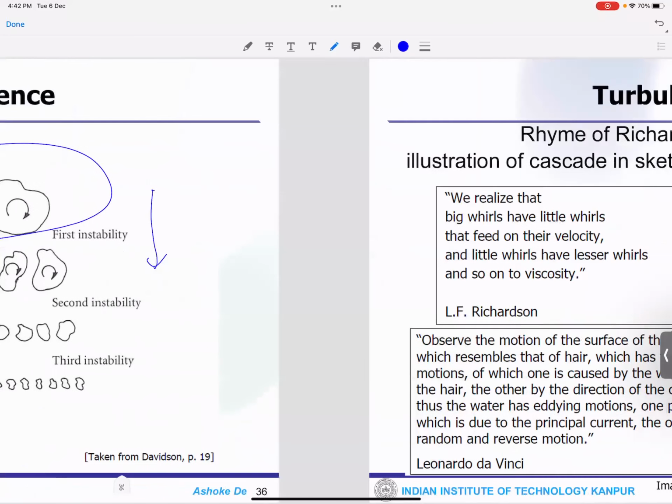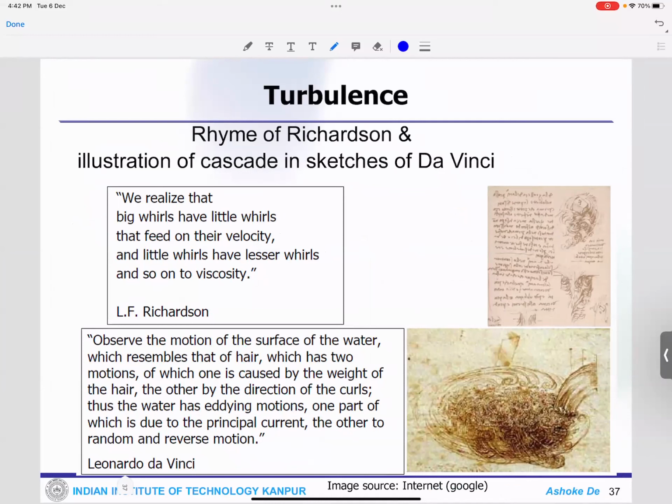So this is again a nice classical picture by Leonardo da Vinci. Many years ago, he visualized this chaotic nature of the flow field. Here he wrote: observe the motion of the surface of water, which resembles that of air, which has two motions, of which one is caused by the weight of the air, the other by the direction of the curls.